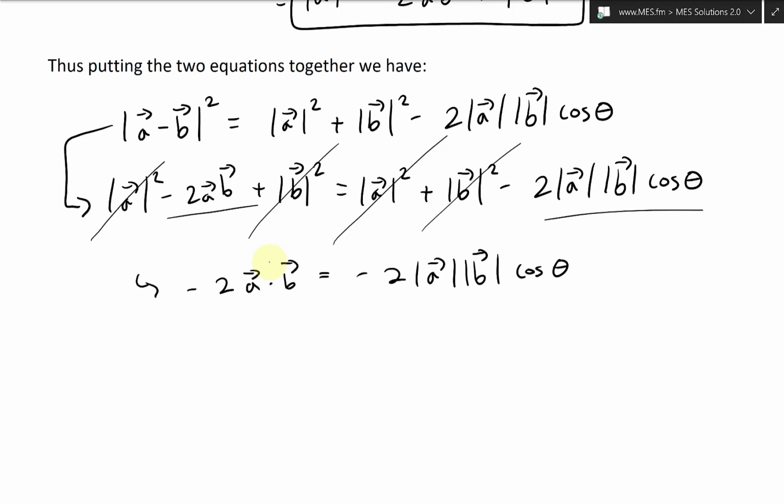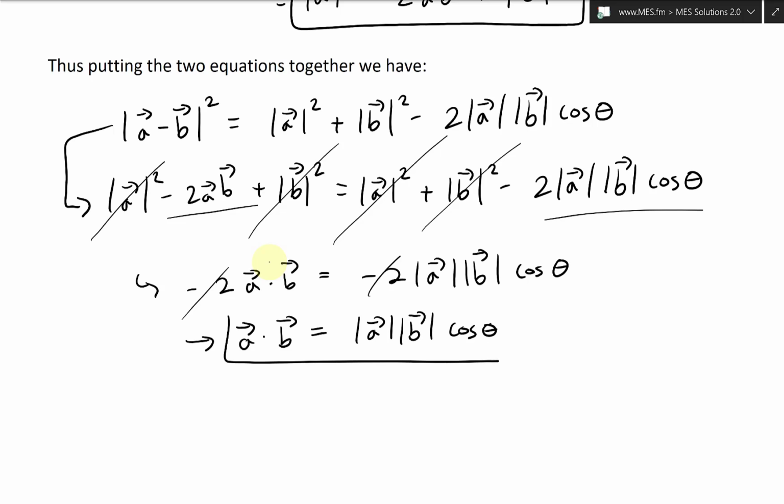All right, those are negatives, and the negatives cancel, of course. And what do you know? We have A dot B equals the magnitude of A times the magnitude of B cosine theta.